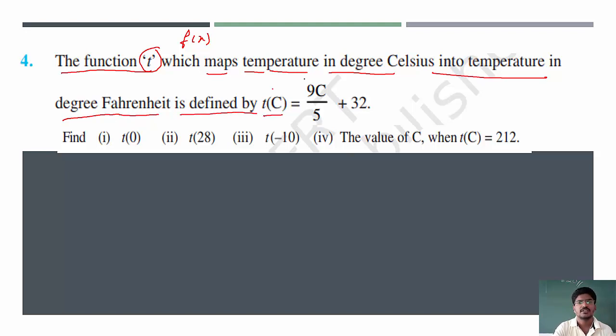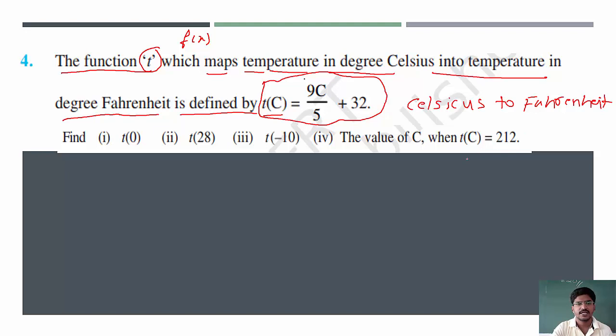T of C. That means this is the particular formula for conversion of Celsius to Fahrenheit. Are you getting my point? Clear?